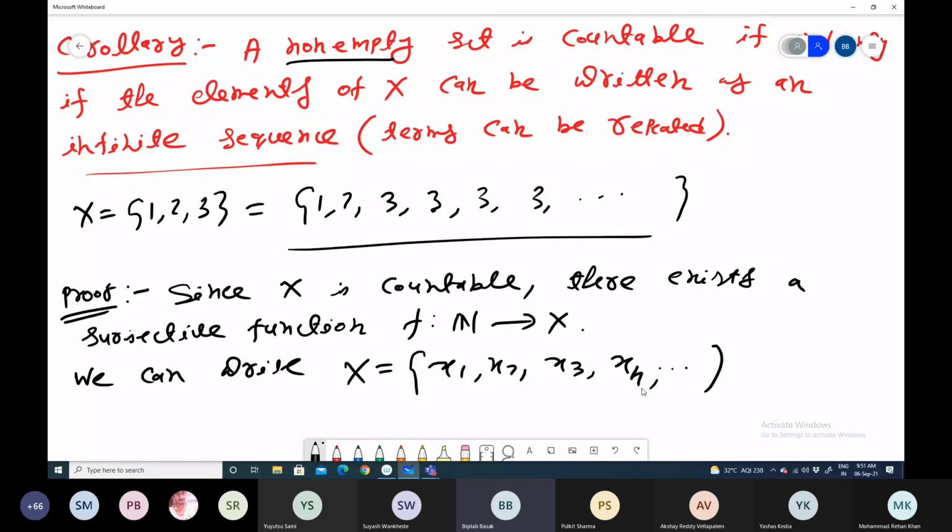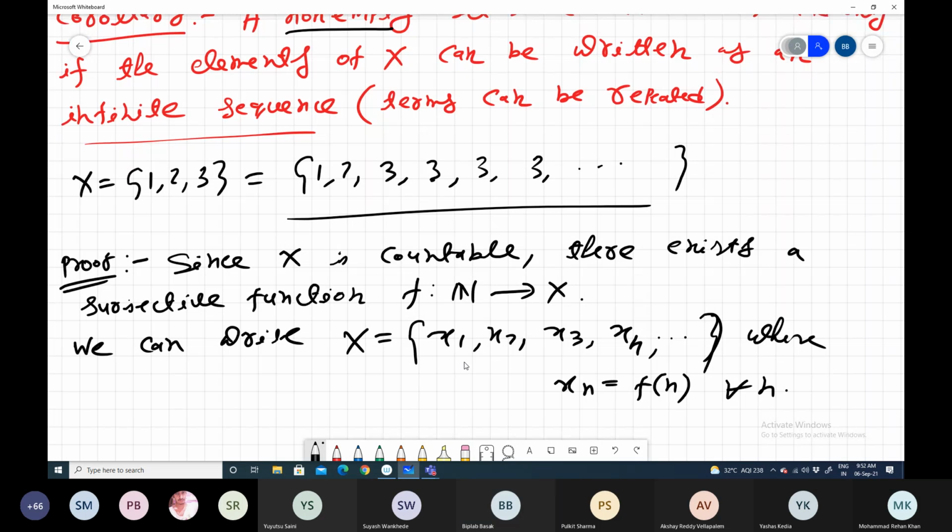In this way we can list all the elements, where xn equals f of n for all n. So we are done, right? If X is countable, that means we can list the elements of X in terms of an infinite sequence.